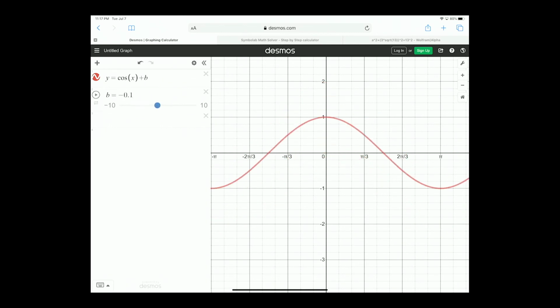So that moves it up and down. So when it's a 0, we're not doing anything, right? That's the original graph. But if you move it up, it moves the whole graph up. Okay, so that's what adding a b there does.